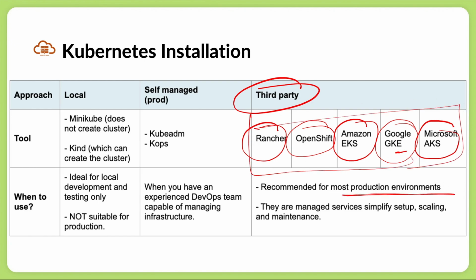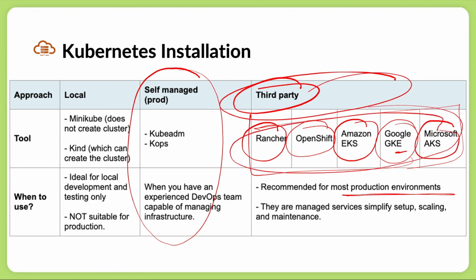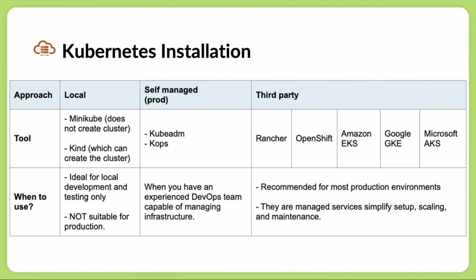If you want to run a production workload, you can use these third party Kubernetes installations, and these are for the production environment. The best part is that with a couple of clicks you will be able to install, configure and run your production ready Kubernetes cluster, and they are completely managed.